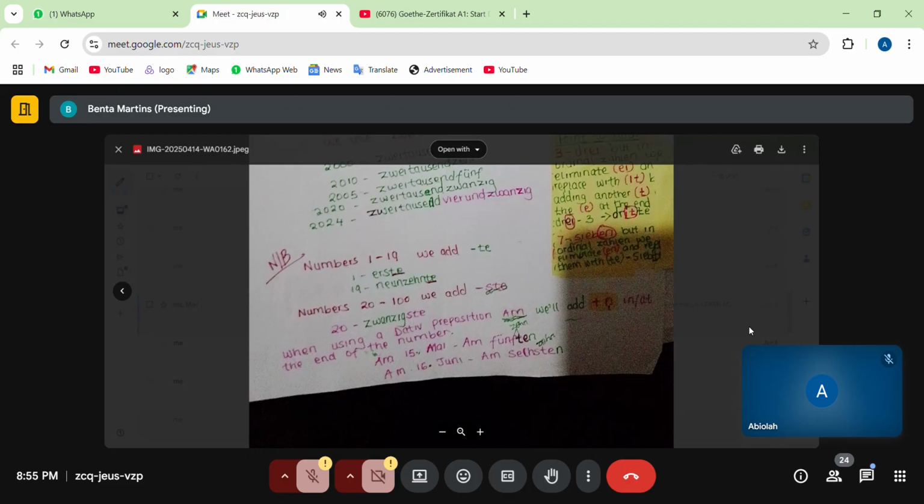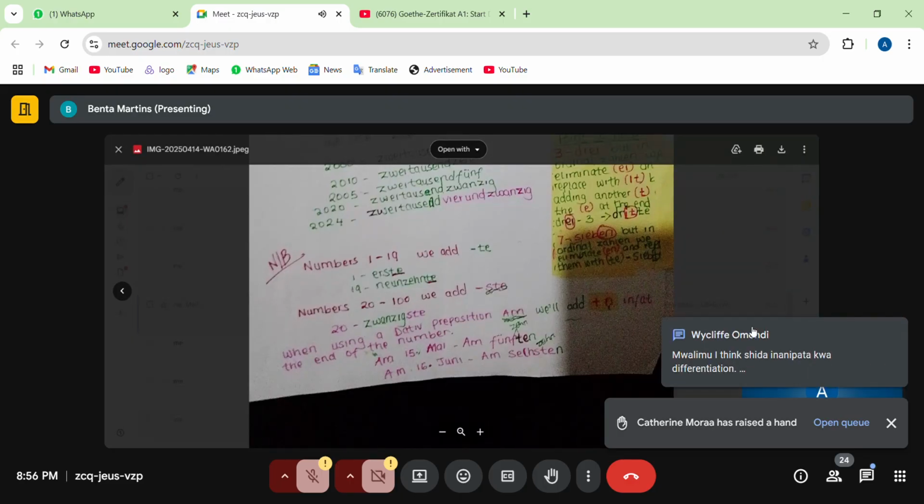But when you change to ordinal numbers, to make a difference between the two, that's where the TE and the STE come in. From number 1 to 19, we add TE. But some numbers change even in spelling, like from eins to erste. Are we together?